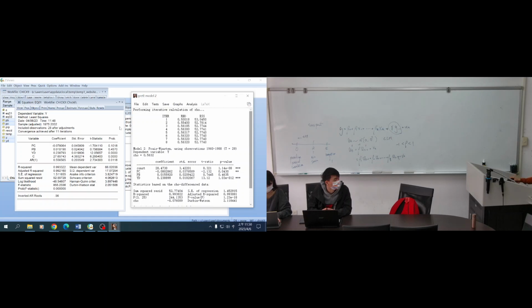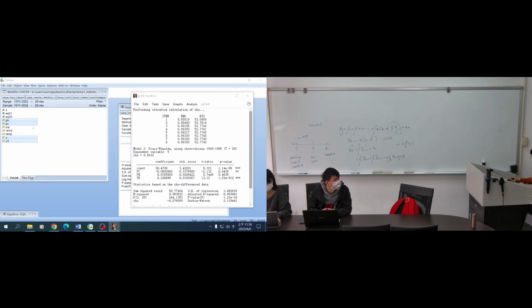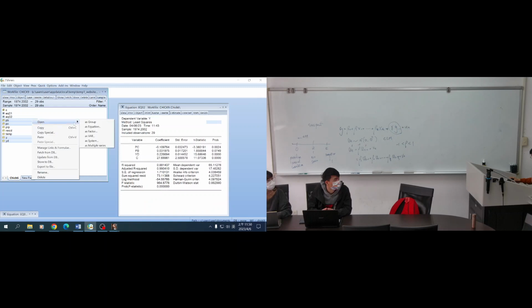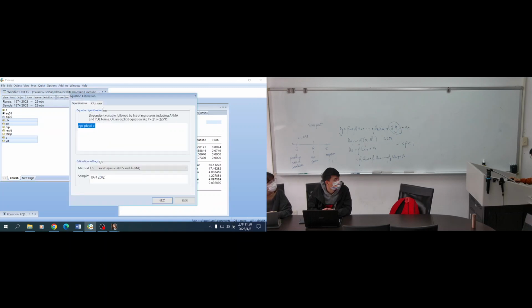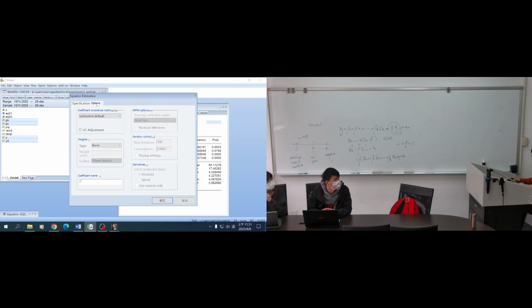We can use EViews to do that. Then how do we do that? Look at this one. Let me do it again. Here, open as an equation. Before we didn't fix anything here, but now we can choose the options. You'll remember last time we chose White.